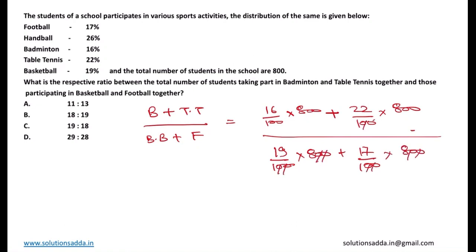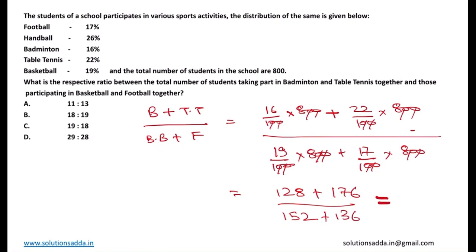On cancelling 800 with 100, the equation comes down to 16 into 8, which for badminton is 128, plus 22 into 8, which is 176, divided by 19 into 8, which is basketball and it is 152, plus 17 into 8, which is football, that is 136.